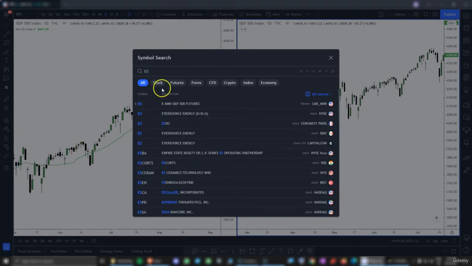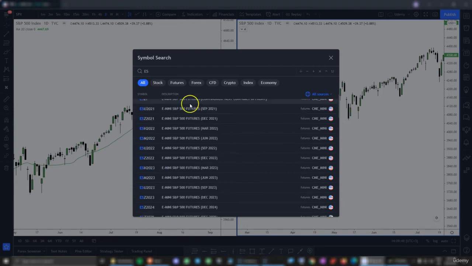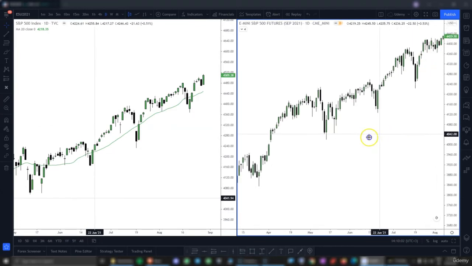If I write here ES, you see those are the futures, and ESU is the September 2021 contract. CME, Chicago Mercantile Exchange, this is where all the futures come from. And this is the price.